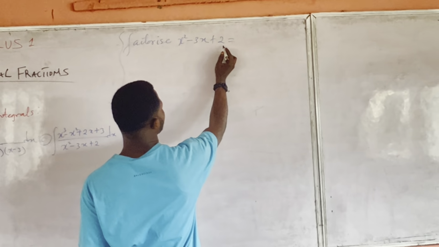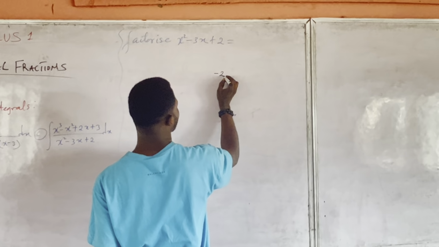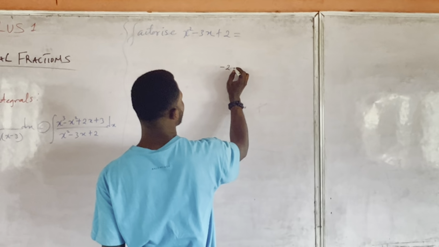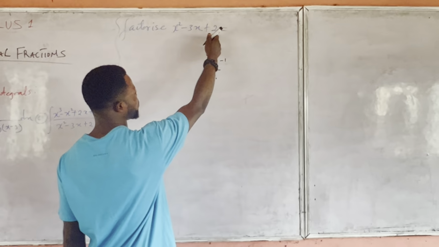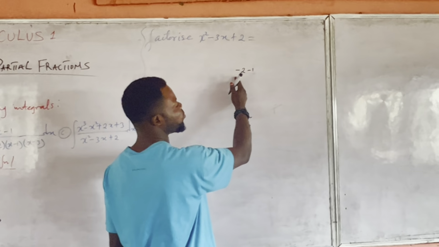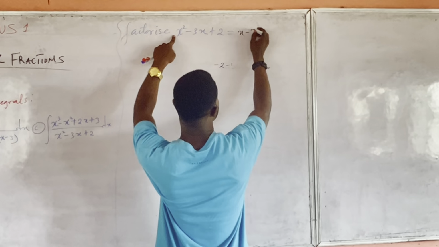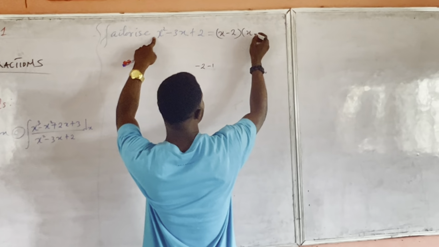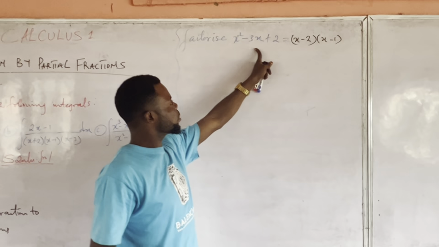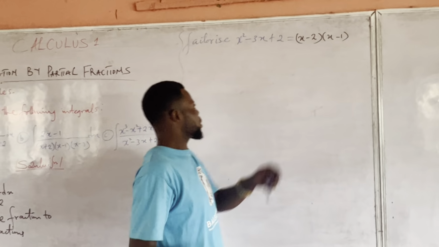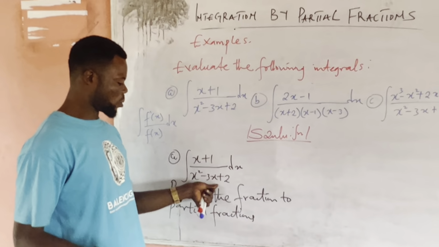What are the factors of 2? The factors of this will be minus 2 and minus 1. So minus 2 times minus 1 will give us 2, and minus 2 plus minus 1 will give us minus 3. So this will be equal to x minus 2 then x minus 1. So that is the factorization of this; we are able to factorize the denominator.